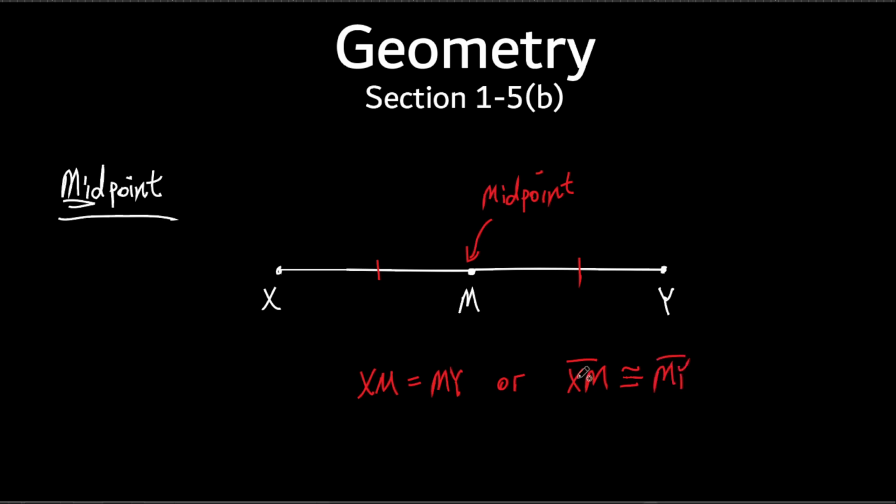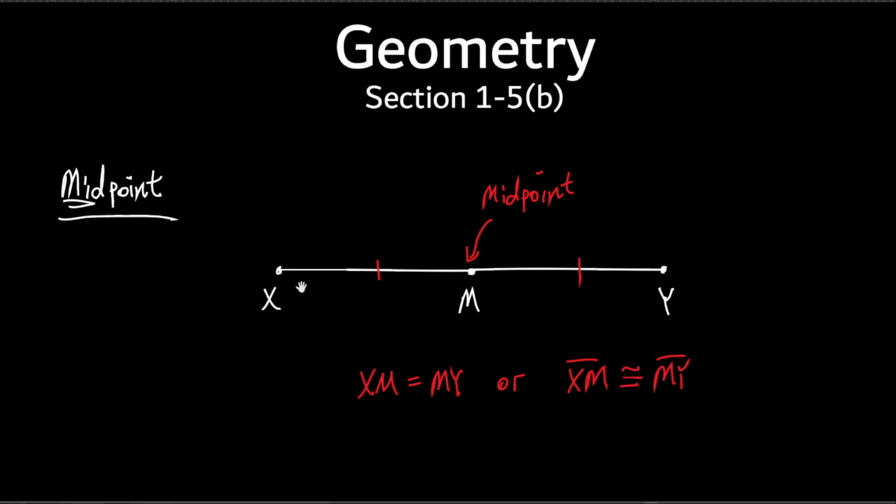This is probably how you'll see it in the book. I would be fine if you just said XM equals MY. Again, if a math teacher is watching this video, they'll probably look at that and say, I can't believe that you're letting them do this. It should be this. And technically, yes, I understand why it's this and not this, but as far as we're concerned, we could go either way.